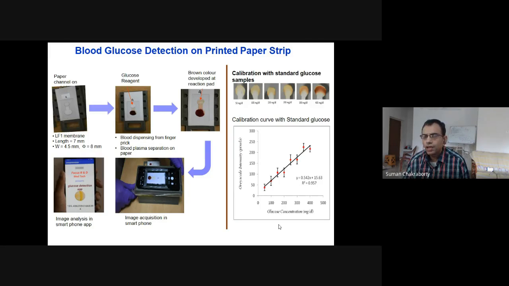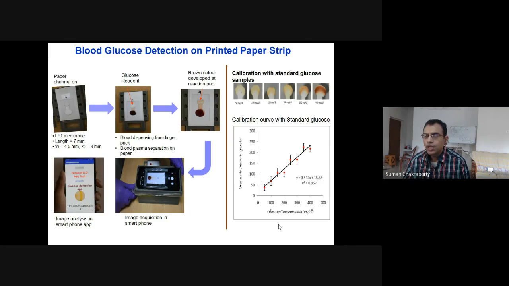To separate the plasma from the whole blood, you require a special technology which in a big lab is done by centrifuge procedure. In a microfluidic platform also it can be done, but it requires a special microfluidic design which makes the channel fabrication complicated.